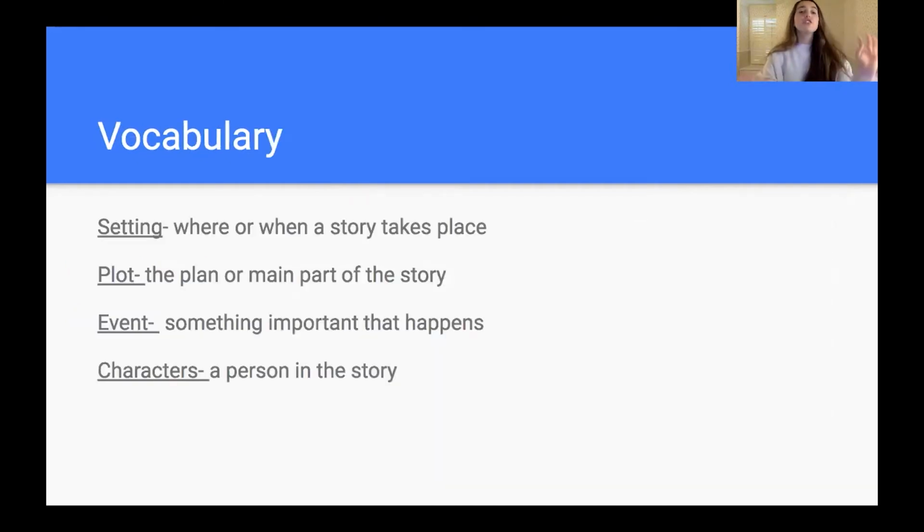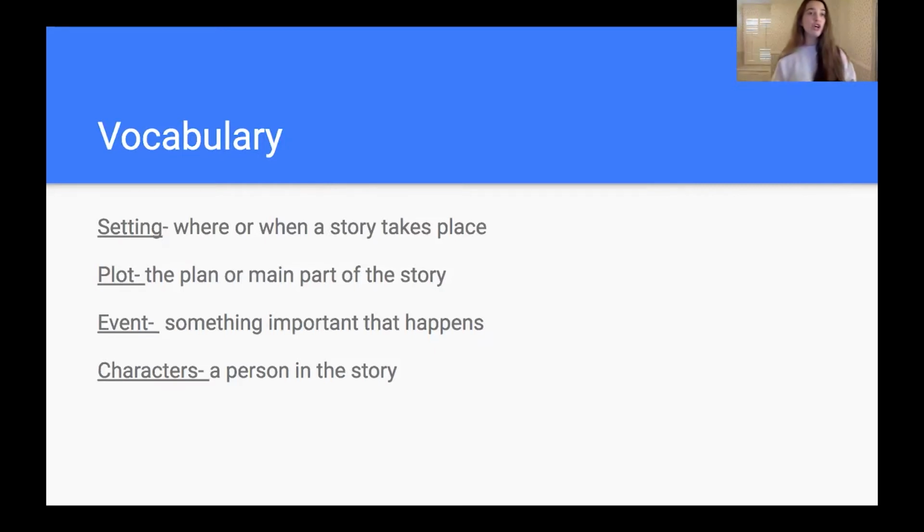Okay, so these are just a couple of vocabulary words that will help you to understand a little bit about the 5 W's and also just our story. So the very first vocabulary word is setting. And setting is where or when a story takes place. So a setting could be the mountains. The setting could be a school.